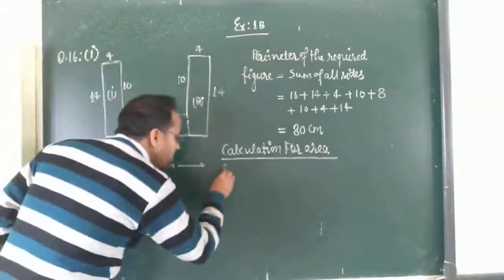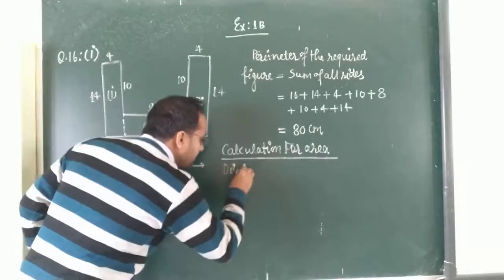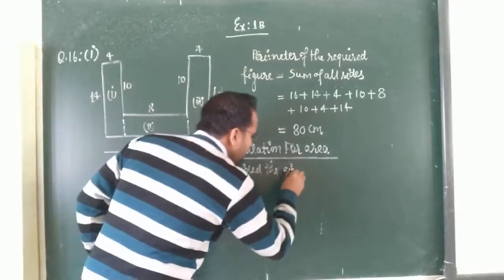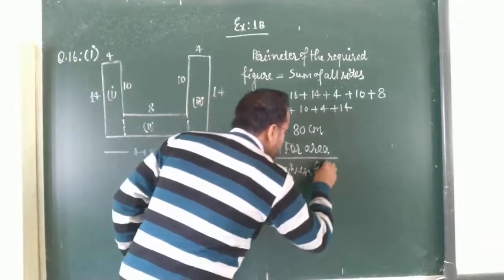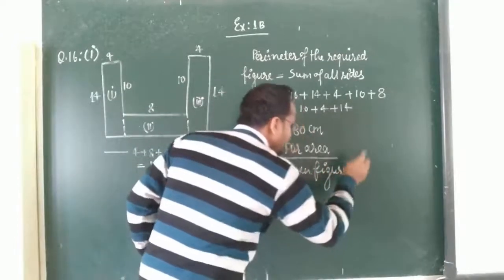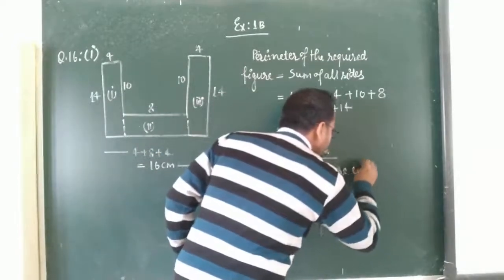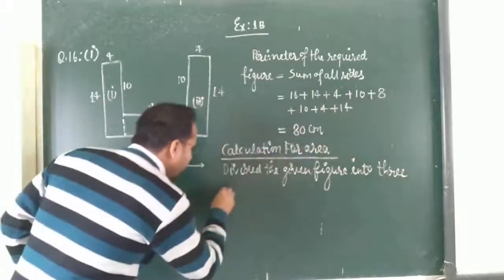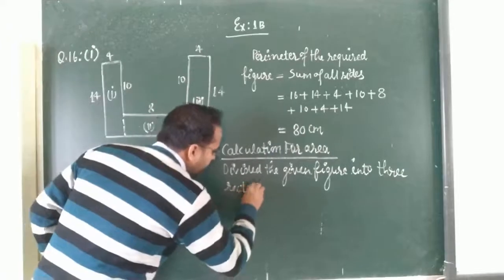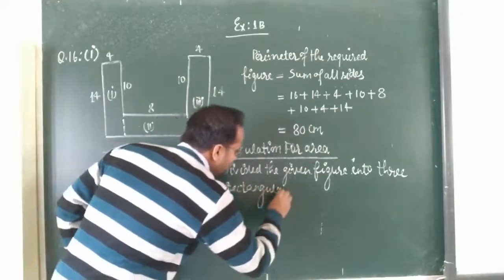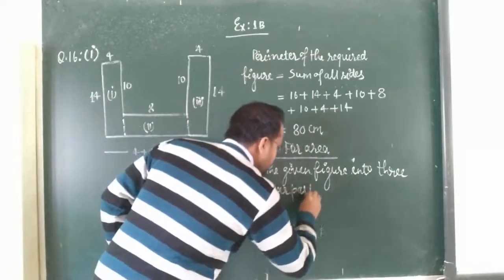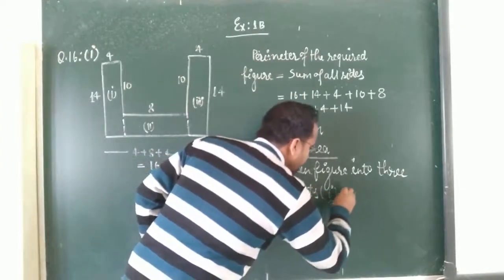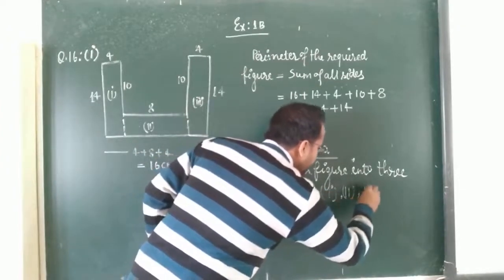So we divided the given figure into three rectangular parts, that is first one, second and third.